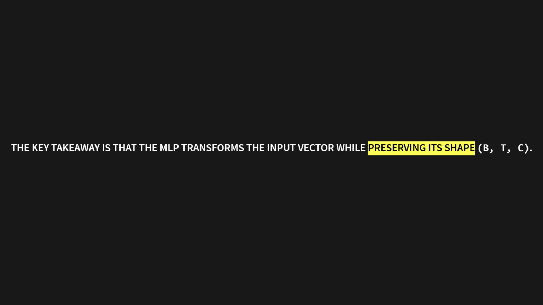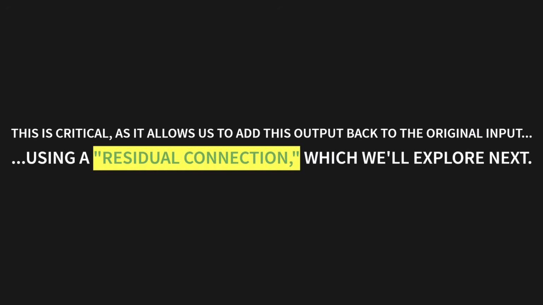It goes from B, T, C, and it ends up as B, T, C. And this is super critical because it allows us to add this output back to the original input using something called a residual connection, which we'll explore next.